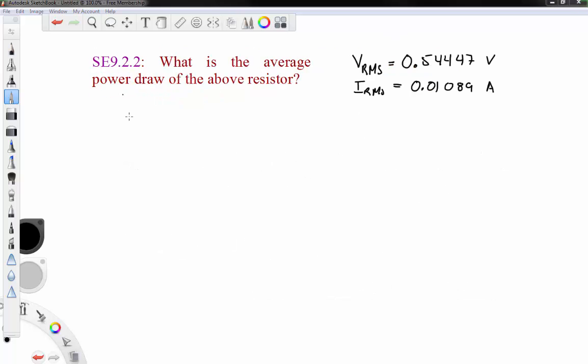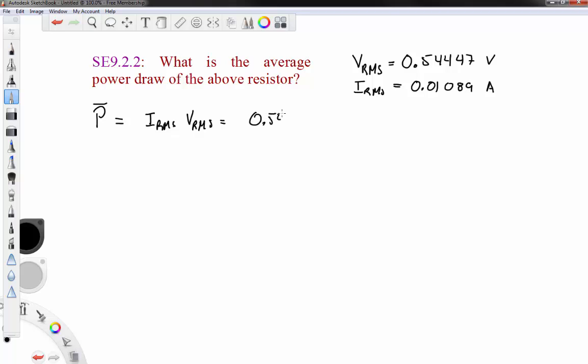So now we need to figure out what is the average power draw of this resistor. So here again are the RMS voltage and current. Remember that the average power is the root mean squared current times the root mean squared voltage.